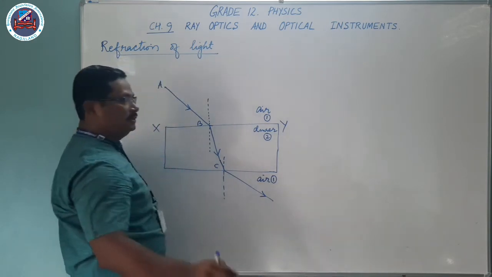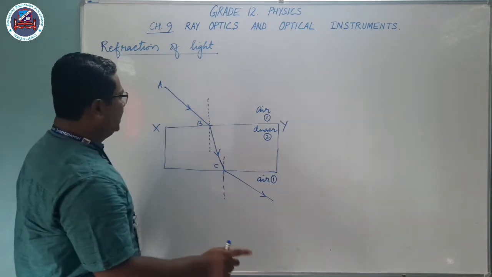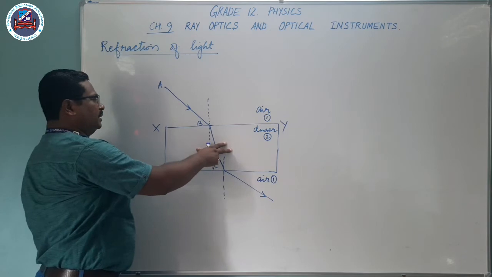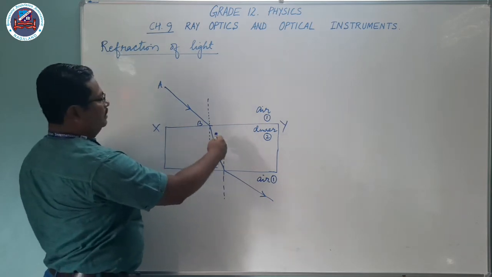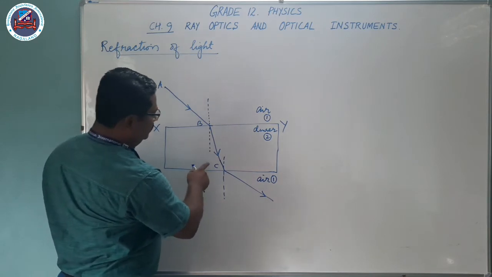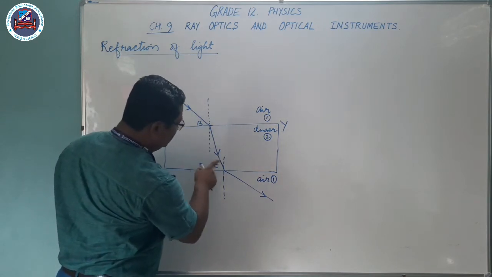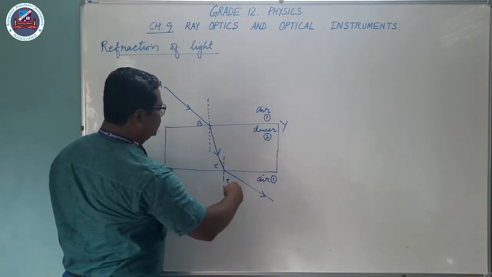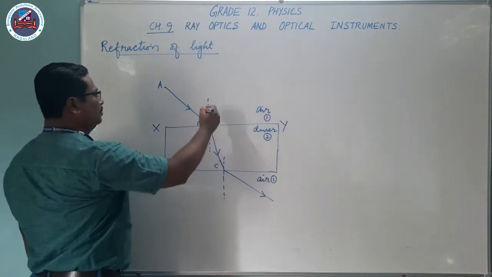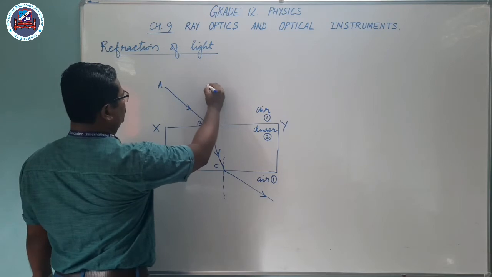So these two things you have to keep in mind. When light travels from rarer medium to denser medium, it always bends towards the normal, and when light travels from denser medium to rarer medium, it goes away from the normal. As you already know what is normal, everyone will be knowing.